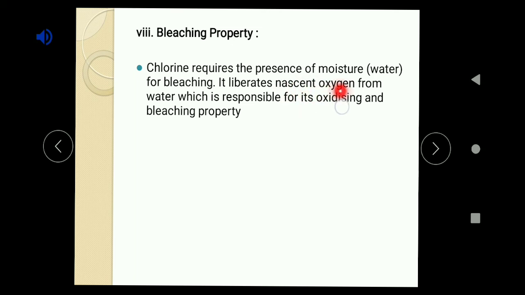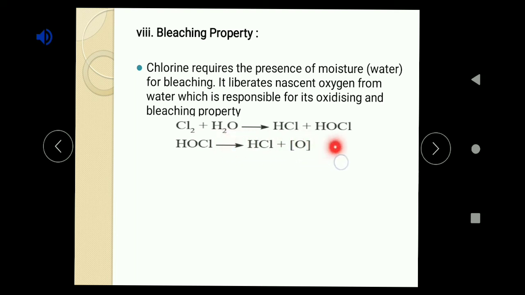It liberates nascent oxygen from water, which is responsible for oxidizing and bleaching property. Chlorine with water gives HCl and HOCl, and this HOCl gives you nascent oxygen, and this nascent oxygen brings about oxidation as well as it can work as a bleaching agent.